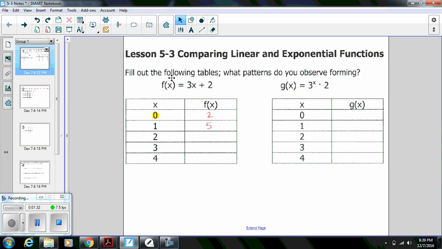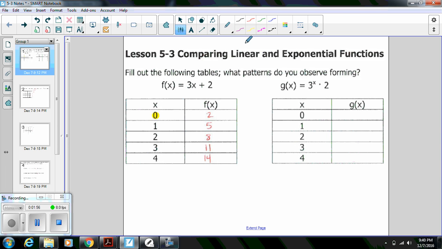I plug in 2. f of 2 equals 3 times 2 plus 2. I end up with an 8. I have to plug in 3. So f of 3 equals 3 times 3 plus 2. I end up with an 11. f of 4 equals 3 times 4 plus 2. I end up with 14.